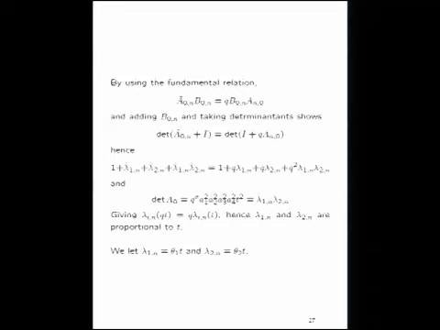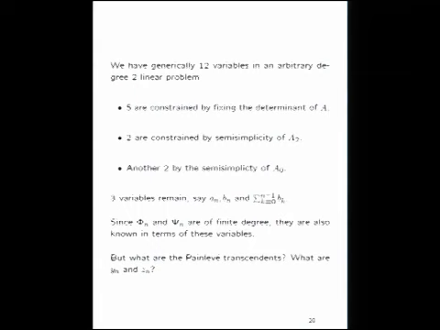So now we're in a very familiar situation. We have a fixed determinant. We have the semi-simplicity of the leading matrix A2 in terms of kappa 1 and kappa 2, and we have the eigenvalues of A naught proportional to t. We're exactly in the framework. So we have essentially 12 variables.